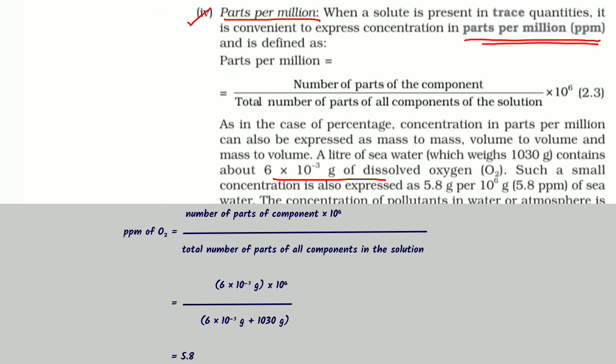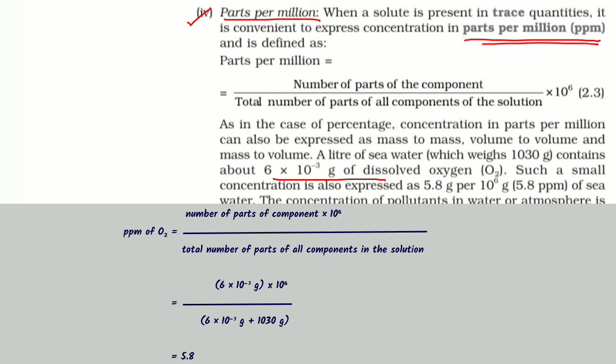If you solve this mathematically, you get a value of almost 5.8 gram per 10 to the power 6 gram. That means 5.8 gram per million of seawater.